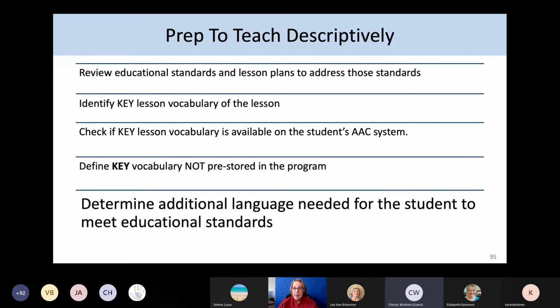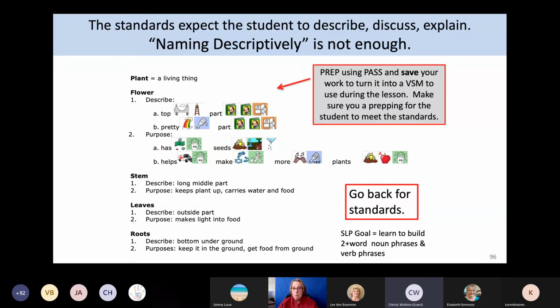Then looking at his standards, we have to think, what other language does he need? So we go back and say, let's look at the lesson plan. He's got to describe, discuss, and explain different things. So he's got to describe these parts of a plant and what their purposes are. So always going back to the standards.